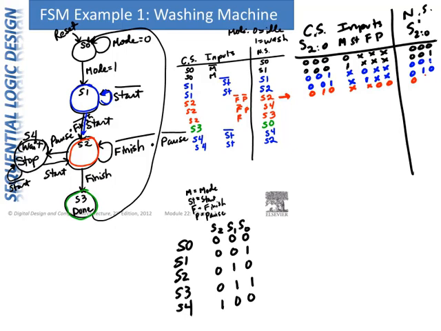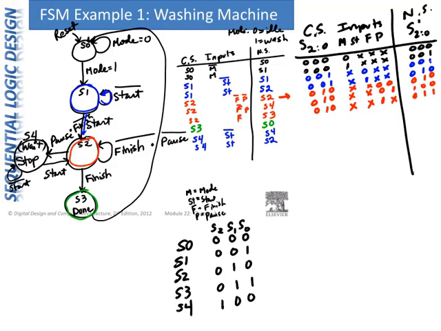Next state should be S2. Next line, S2, F is low and P is high, everything else is a don't care. We should go to state 4. If we're in state 2 and F is high, doesn't matter what anything else is, then we should go to S3.